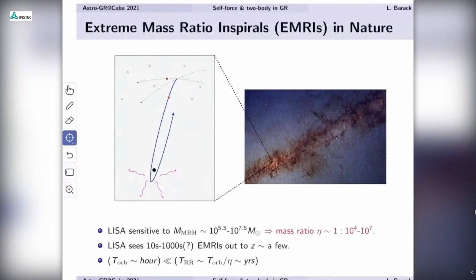With respect to Sagittarius A star. Is this possible? Yeah, if we have one of those in our galaxy, we will see it. It will be extremely bright. The question is that of rates, and Pau is an expert on that. We don't know how many of them per galaxy we might expect to see.